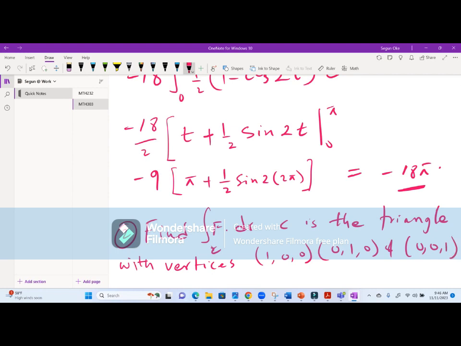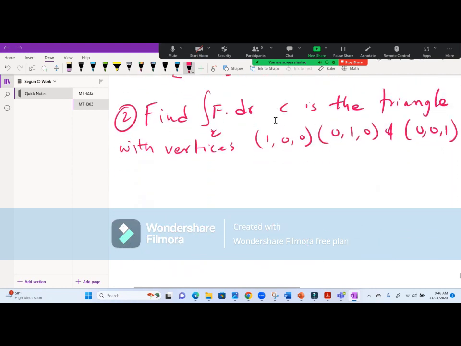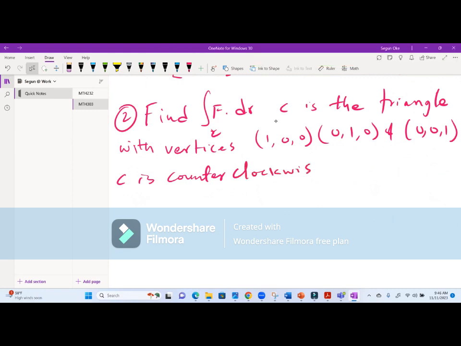So when I say C, it is counterclockwise. C is counterclockwise view.